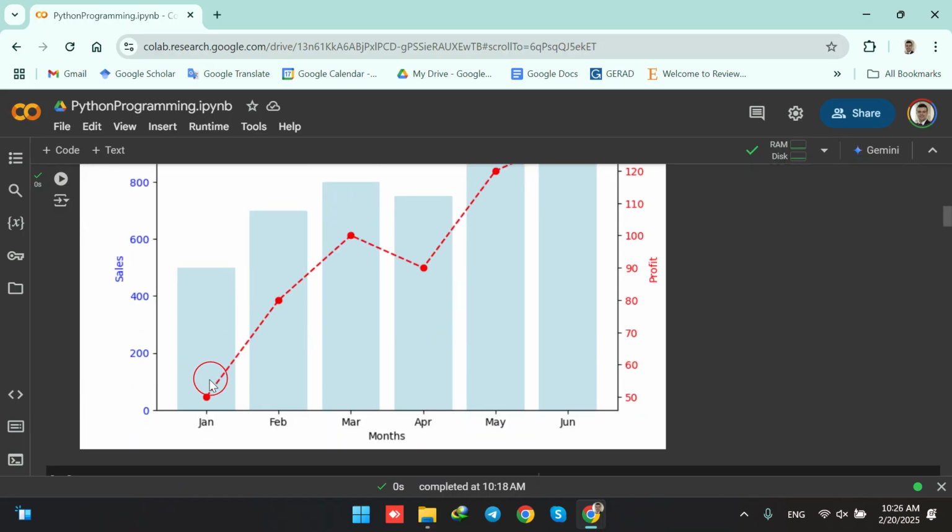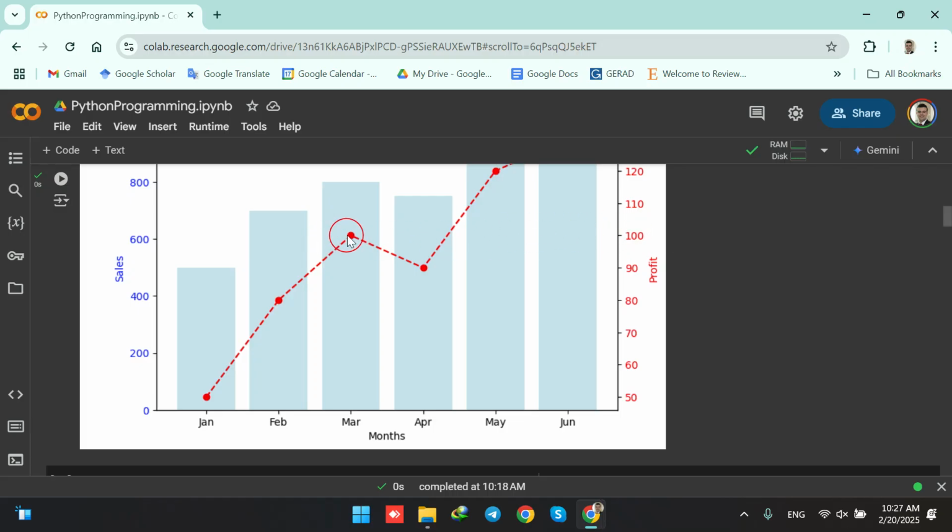So here, for example, in the month of January, the sale was around 500 and the profit was around 50. Okay, the profit, which is the red one, which was 50, but the sale in January was around 500. However, in the month of March, we had the sale around 800, but the profit was around 100.